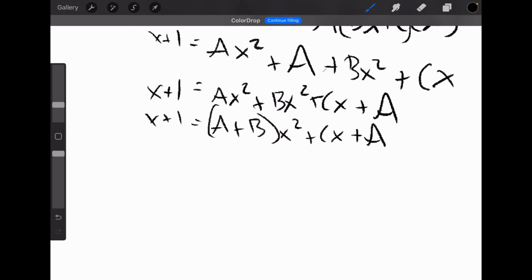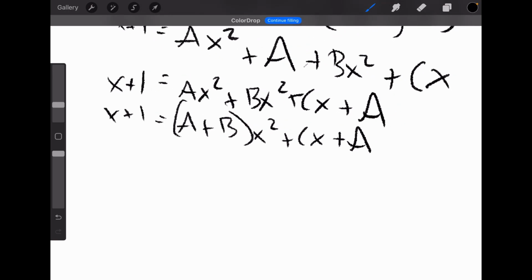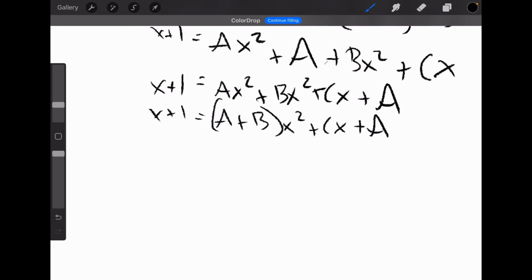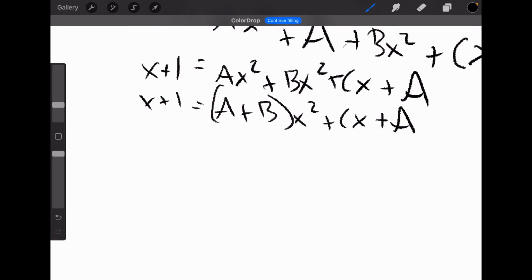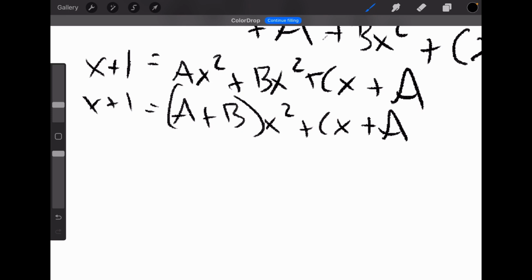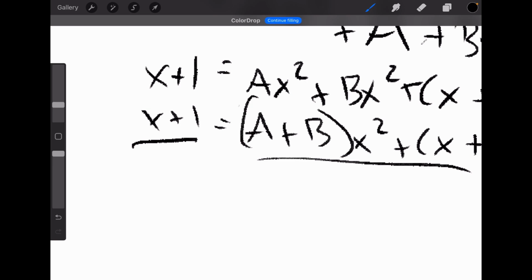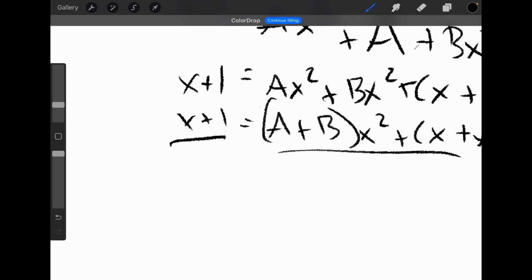And then from here, since we have three variables, a, b, and c, we're going to follow another thing I learned online: since the two polynomials are equal, the coefficients also match up.